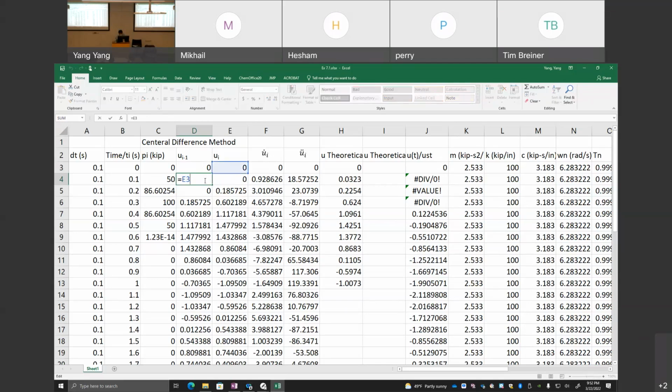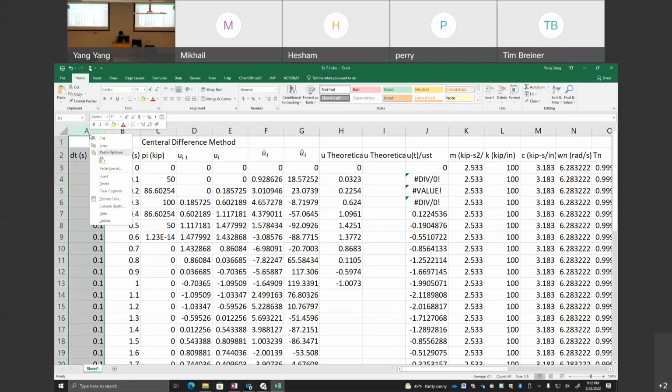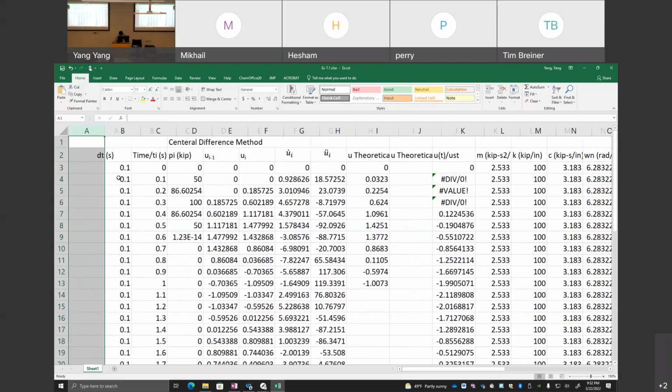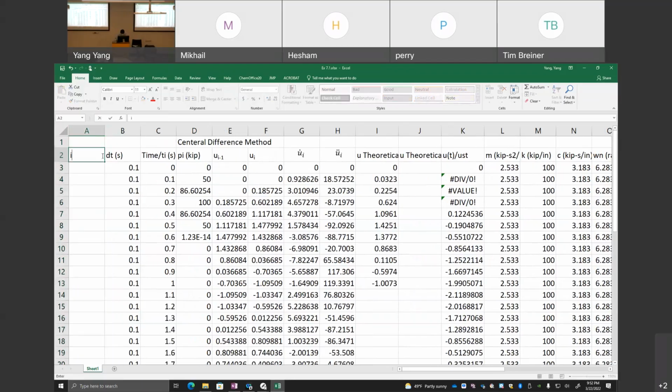So I make the u(i-1) at time 0.1 equal to that at time equal to 0. Does this make sense? Just put this as the i number. This is equal to 1. This is equal to 0.